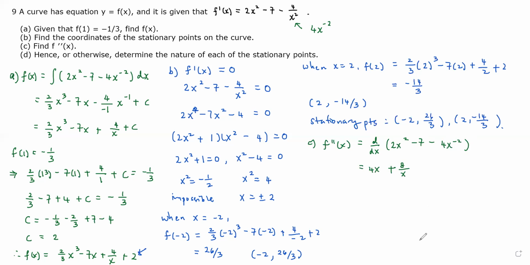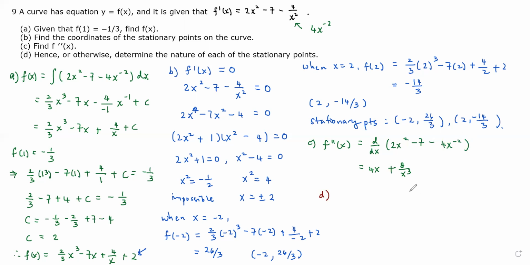So we have 4x minus 1 plus 8 over x cubed. That would give us the second order derivative. And D.